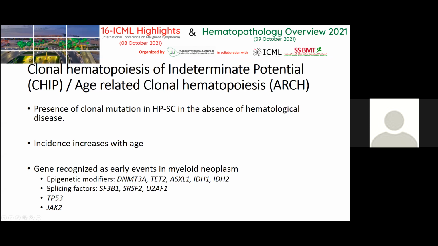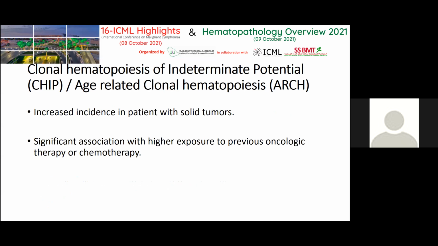These are considered the recurrent mutations in clonal hematopoiesis of indeterminate potential. Its incidence increased in patients with solid tumor, which may also be a result of its association with increasing age, and it does also have potential association with higher exposure to oncologic therapy or chemotherapy.